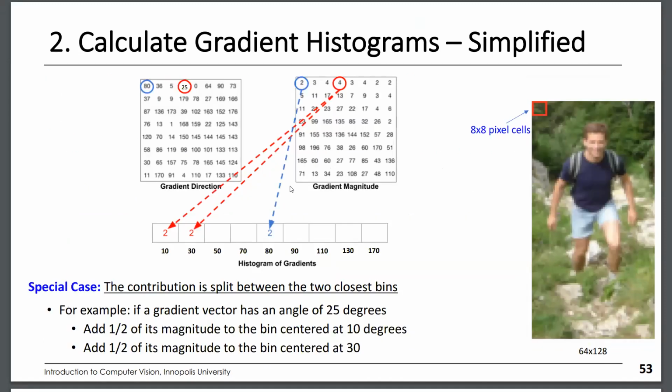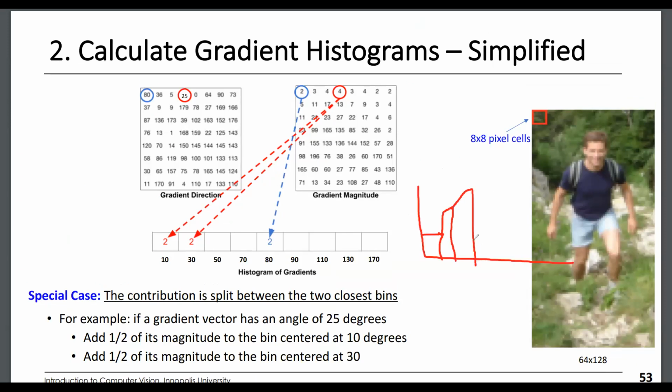So after we have this binning and these histograms, we will be normalizing the histogram. This is the histogram for one 8x8 region. We have another histogram of the 8x8 region that is next to it.